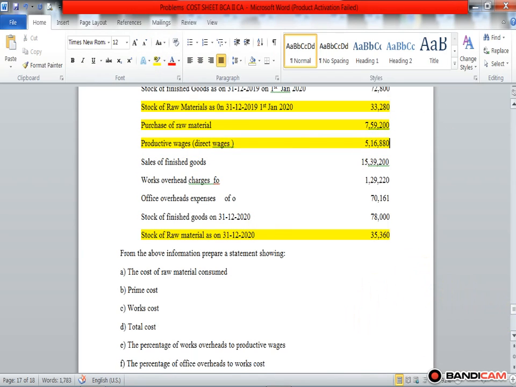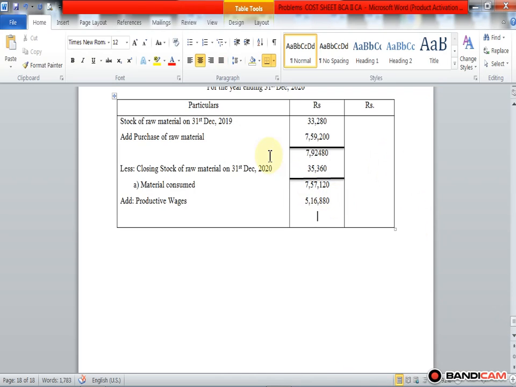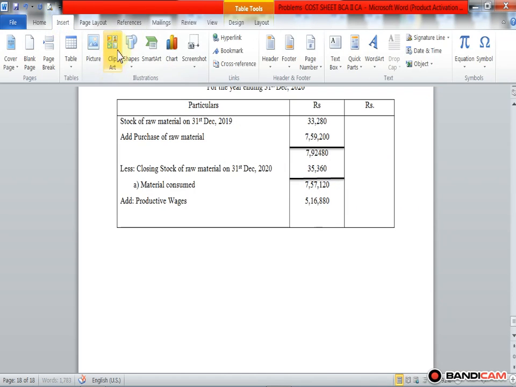So we add the productive wages to material consumed. We get the amount that is called prime cost.